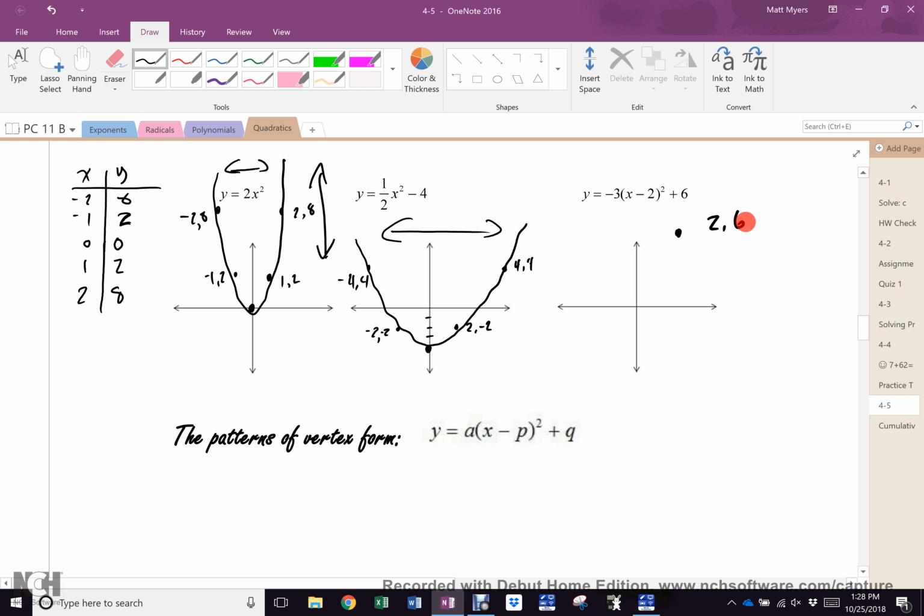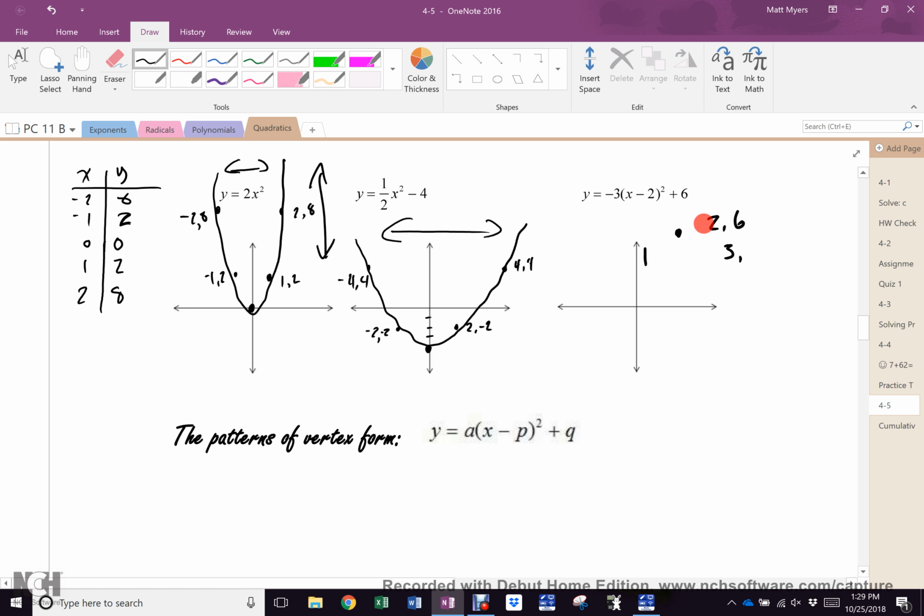The first point will be 1 to the right and 1 to the left of my vertex. Correct? So this point over here will have an x coordinate of what? Of 3. And this point over here will have an x coordinate of what? 1. Excellent. When I move a regular parabola 1 to the right, how far up should I go? 1.